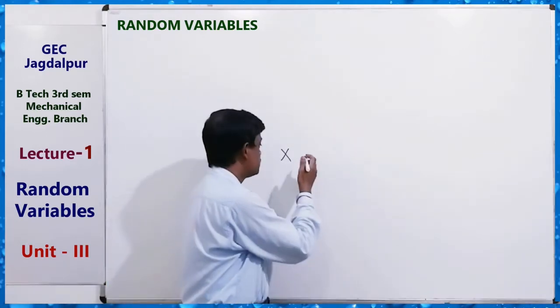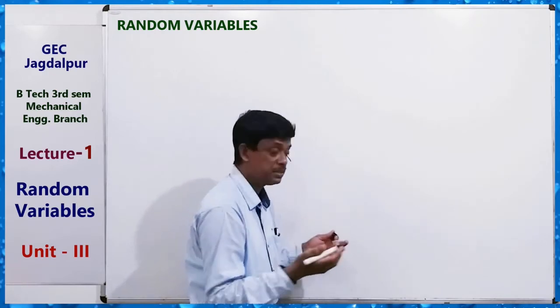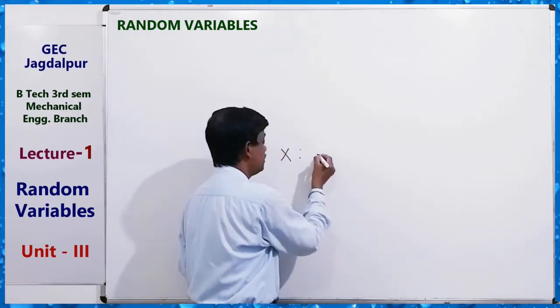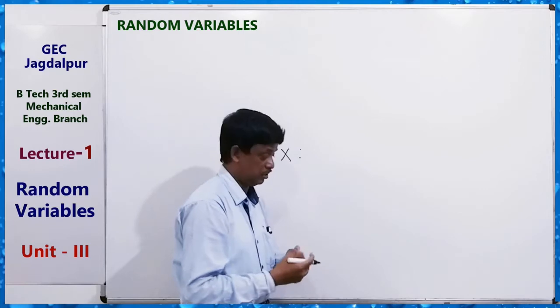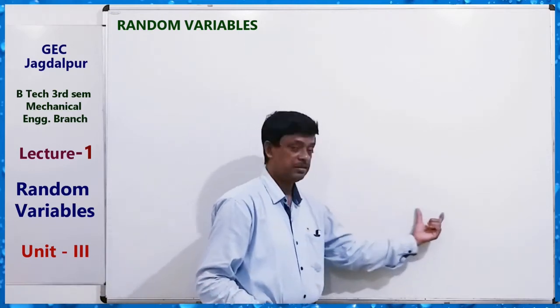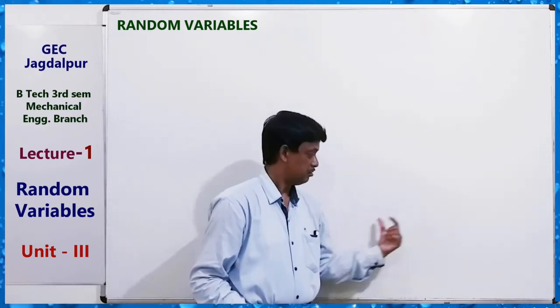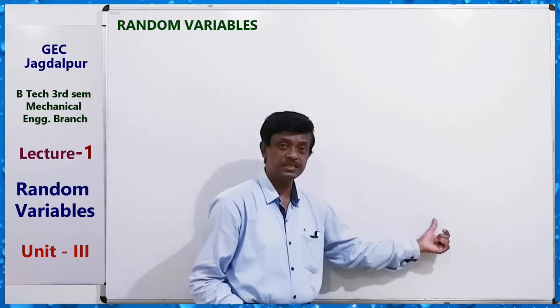Because we know a function goes from domain to codomain, domain to range.